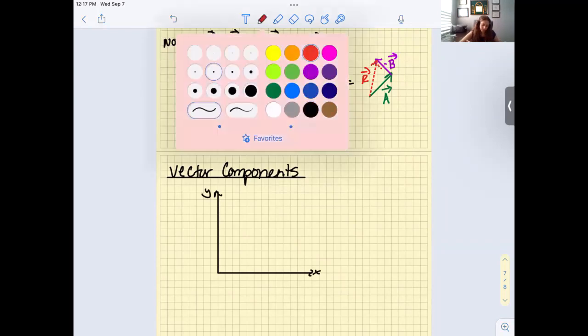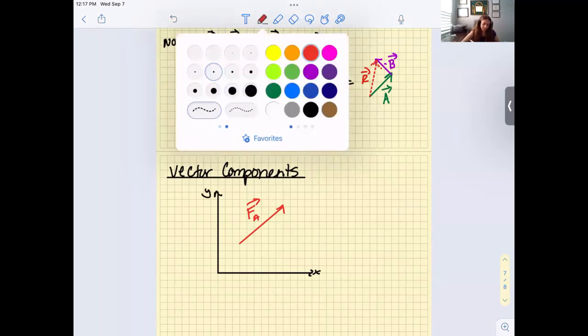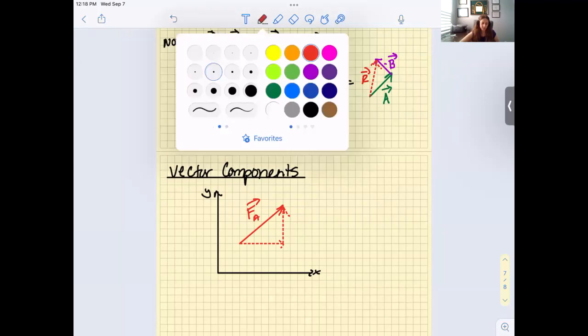And we have drawn our vector, force vector A. We'll call it force vector A. Force vector A can be made up of two forces, one going directly to the right and one going directly up. Do you see how adding those head to tail completes the force vector A? It's almost like making the force vector A as the resultant force of those two individual components.